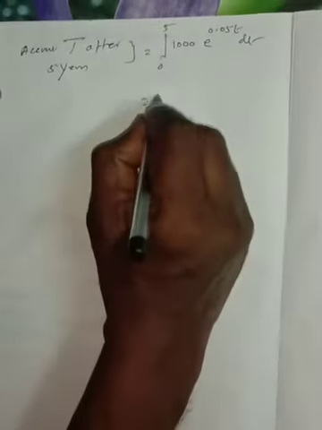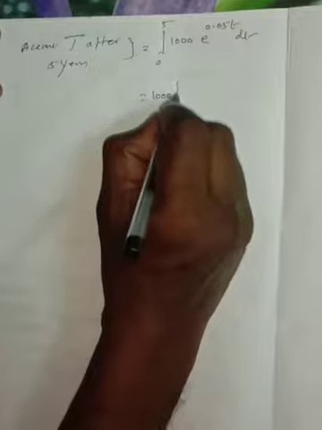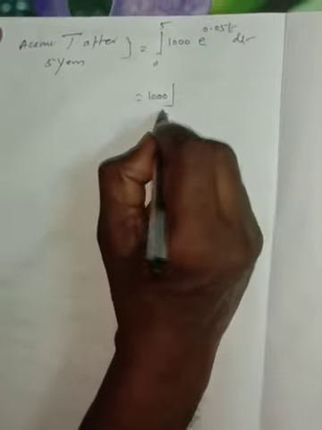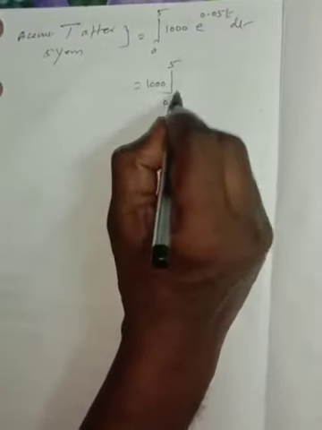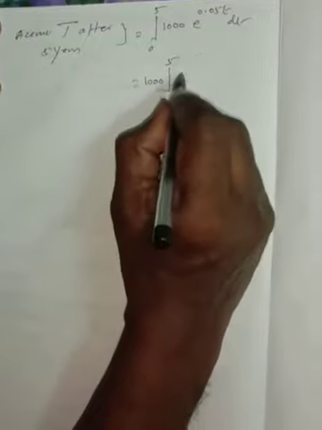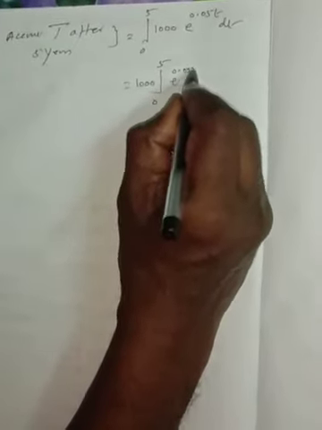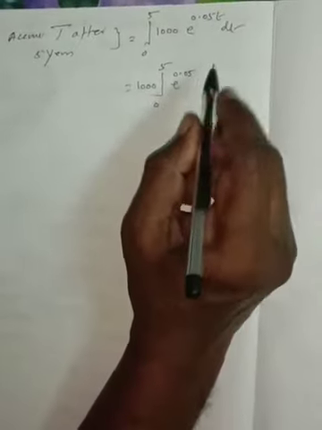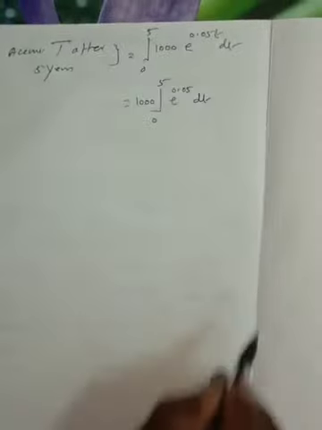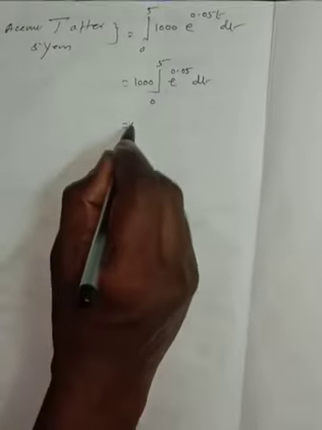Therefore, the integral from 0 to 5 of e to the power of 0.05 t dt is equal to 1000.